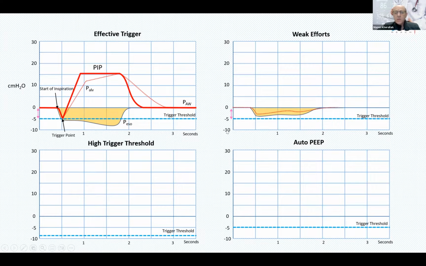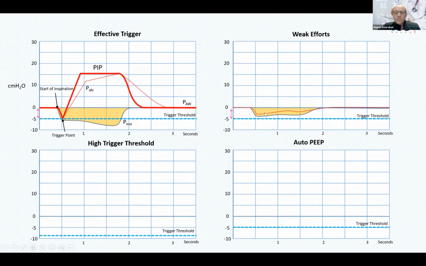And the patient initiates the breath. You can see the patient is inhaling. This is the esophageal pressure. It goes down.